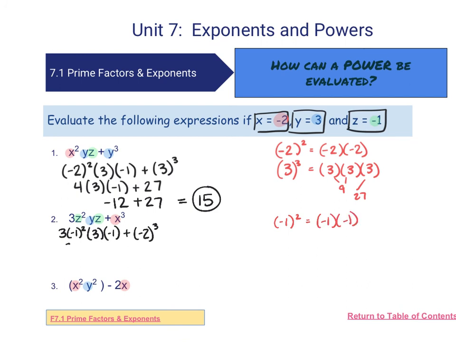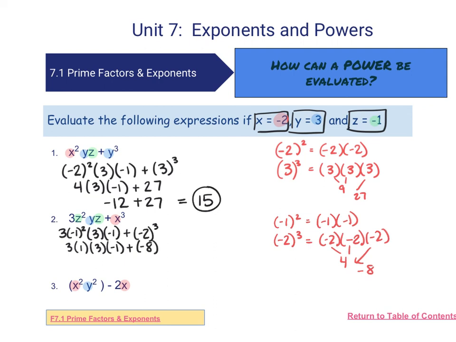So I have 3 times 1 times 3 times -1, plus my next one, -2 to the third power. -2 being multiplied 3 times. Negative times a negative is a positive, but times another negative would be a negative. So that value is going to be plus -8.